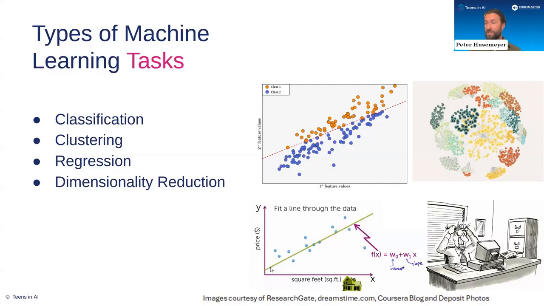Now, in this image on the slide, the data are these blue dots. The green line is the function that we are fitting to the data. Now, many of you will have come across straight line graphs before, y equals mx plus c, or in slightly different notation I've written here, the function of x is equal to w0, a weight, plus w1, another weight, multiplied by the input.